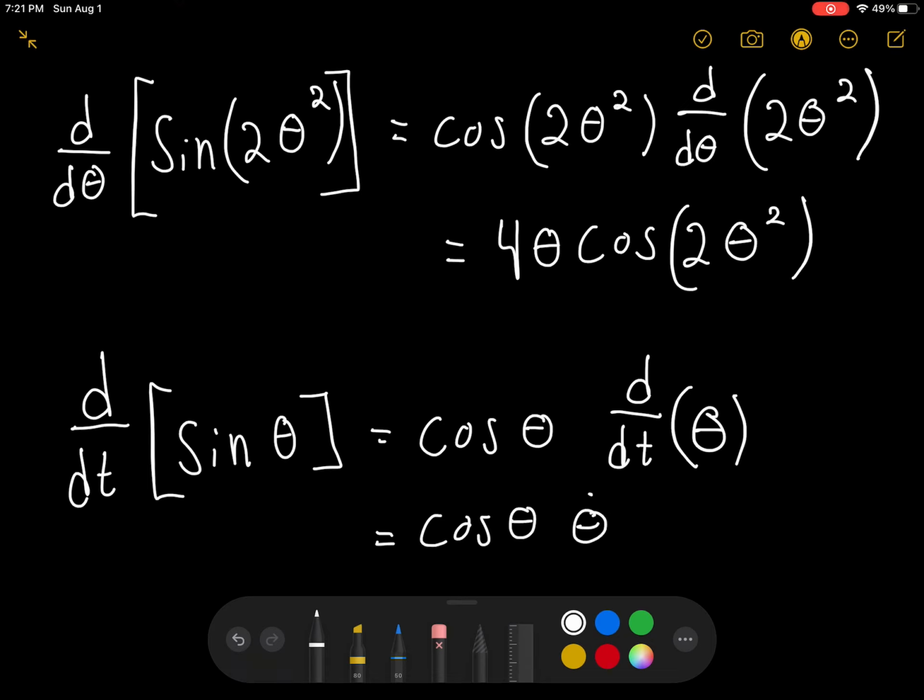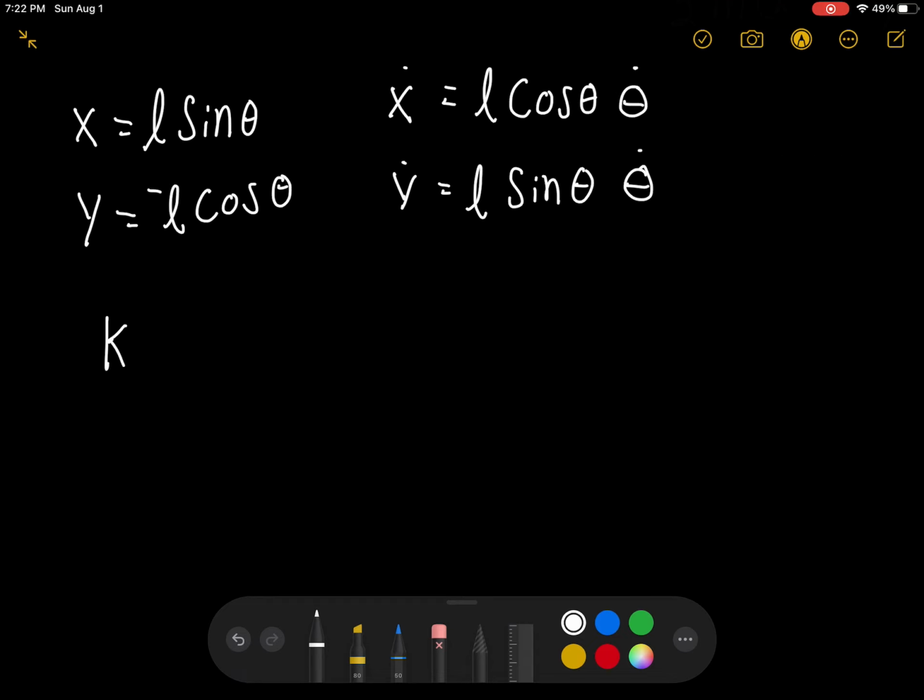So when you do these Lagrangians, you have to be really careful about how you approach taking derivatives with respect to time. Alright, back to the problem. So our energy is going to be 1/2 m (x dot squared plus y dot squared), that's in parentheses. And once you do all the math here, I'll skip through that to save some time.